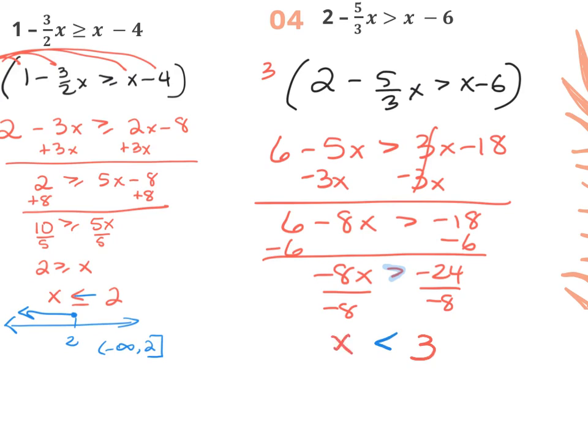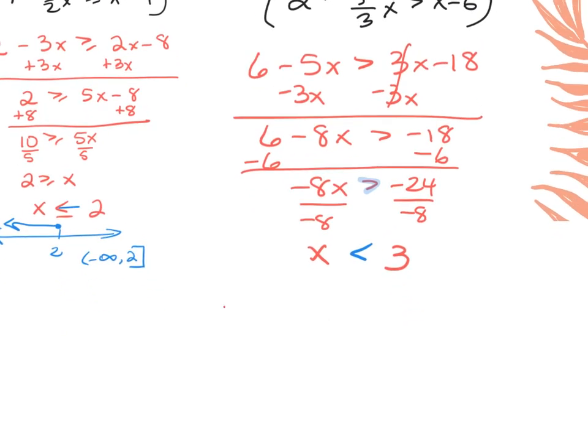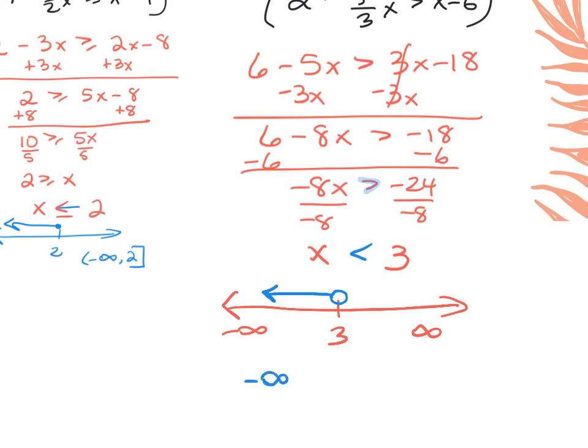And now I can graph it. Negative infinity, the 3, then positive infinity, open circle on 3, pointing to the left. In interval notation, negative infinity up to the 3, and they both get parentheses.